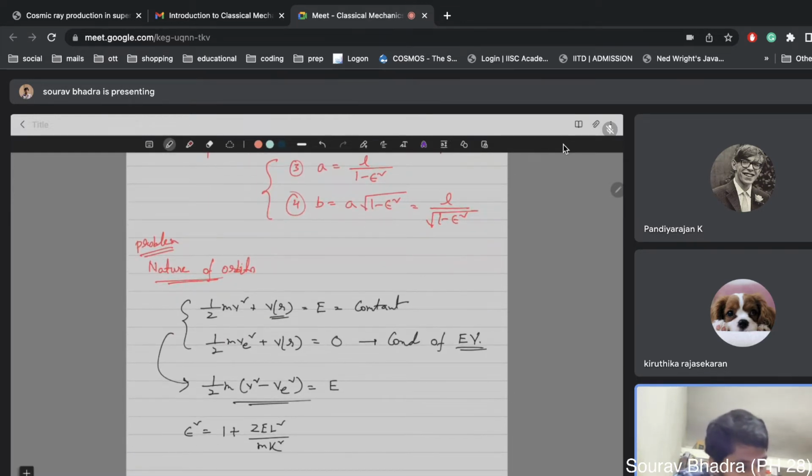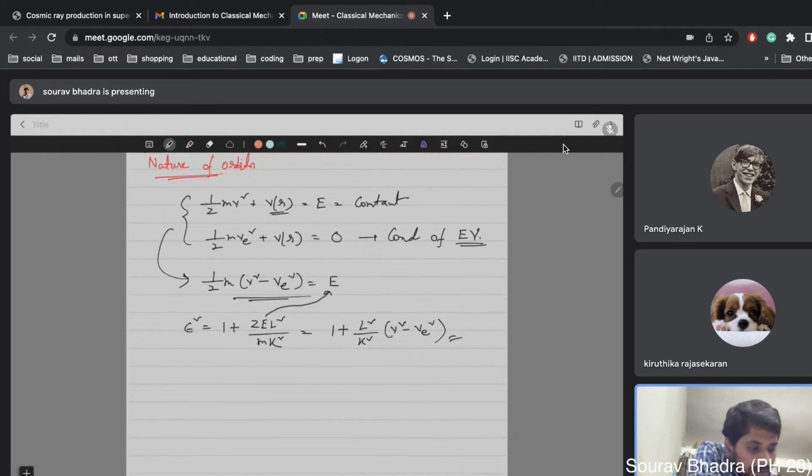Now if we replace this E by this E, then we will get it as 1 plus L squared by k squared times v squared minus v_e squared.